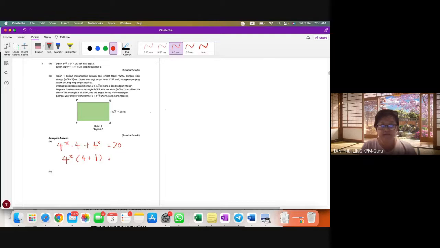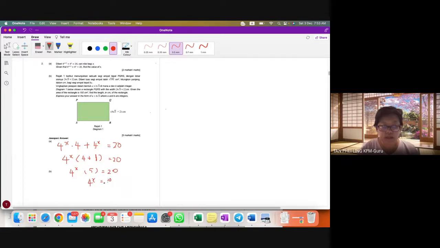So with that, you are happy because at least you proceed. And now you get 4 power x. What do you get here? 4 plus 1, 5, right? Then you get 20. Now when you cannot do anything, you know that this one is multiply. So 4 power x, at least you can take 20 and then you divide by 5.